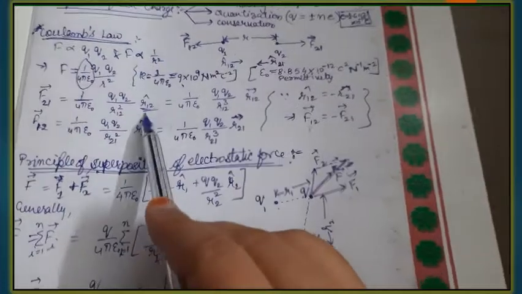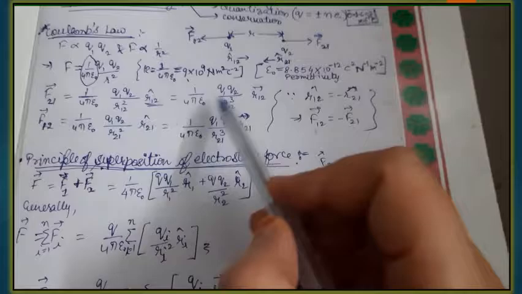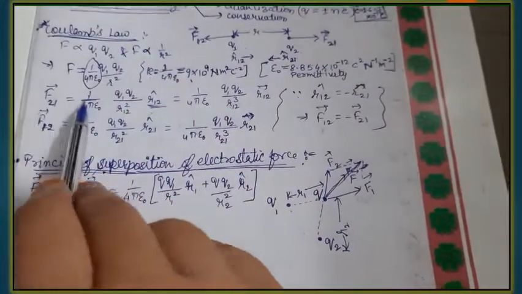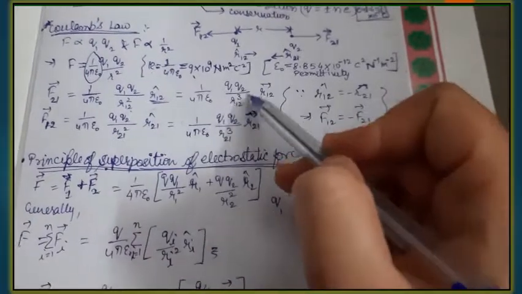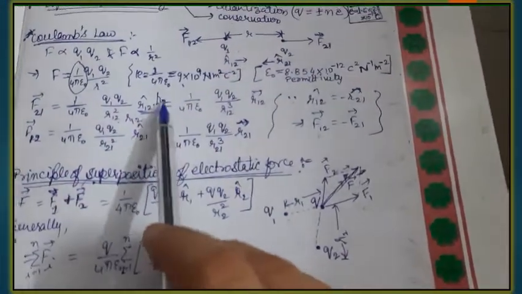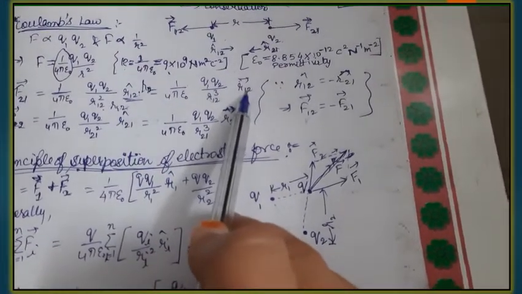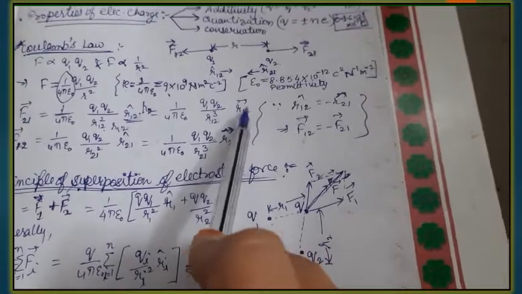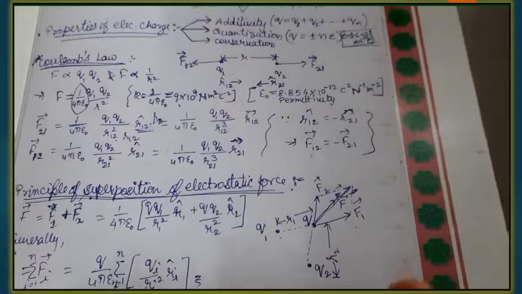Now if I multiply and divide the right hand side of the equation by R12, then R12 into R12 cap gives me vector R12. You are well aware that a scalar and its unit vector together form the vector itself.